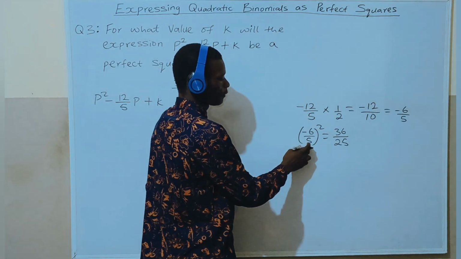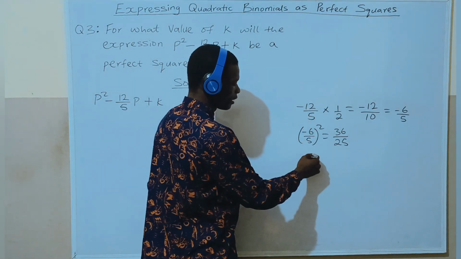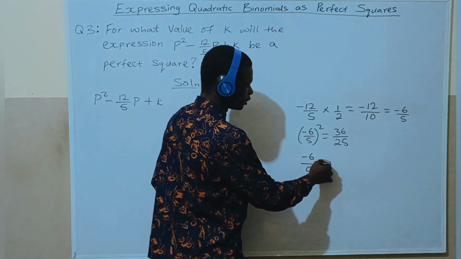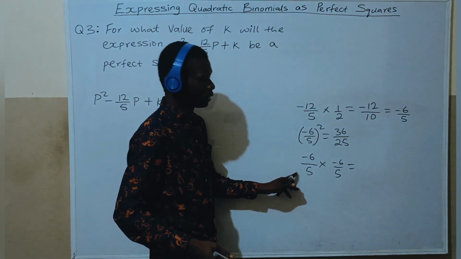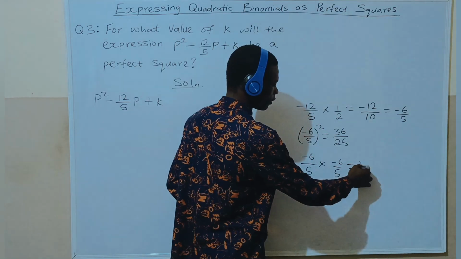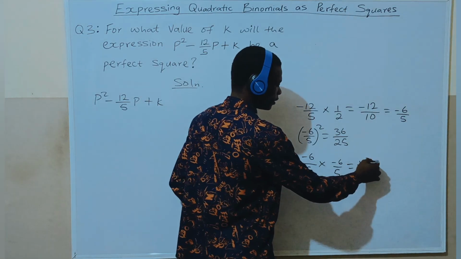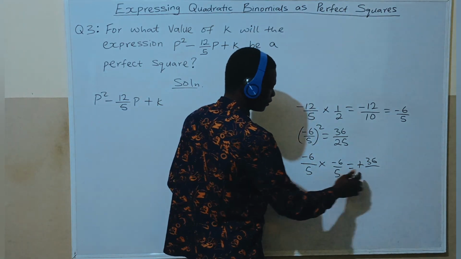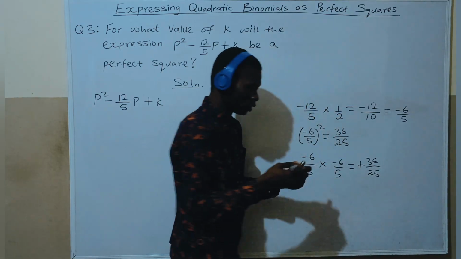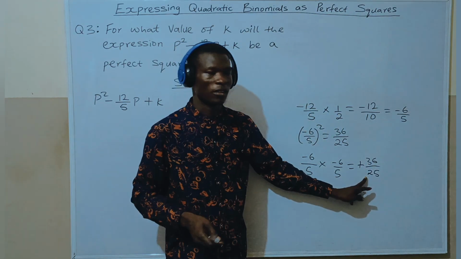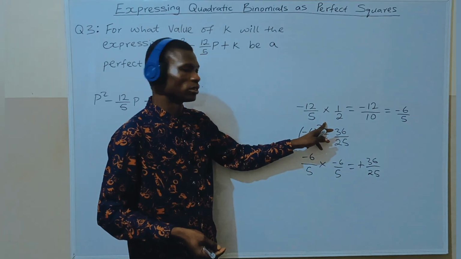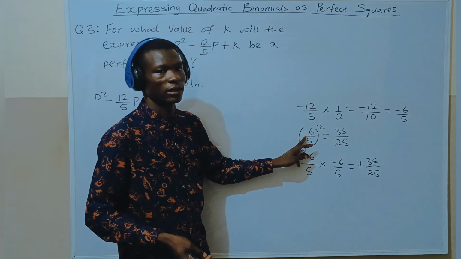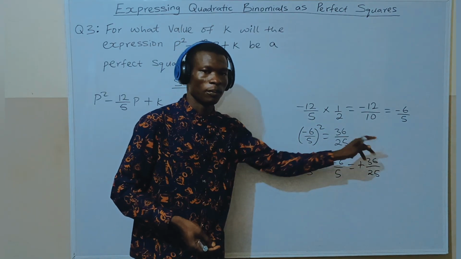Because negative 6 over 5 in brackets being squared means negative 6 over 5 multiplying negative 6 over 5. So first of all, we know that minus times minus is actually going to be plus. So 6 times 6 is going to be 36. And 5 times 5 is going to be what? 25. So because it has become a positive number, we don't usually put the plus sign. So this square would have dealt with the negative sign here, and that's how we're having it as positive 36 over 25.